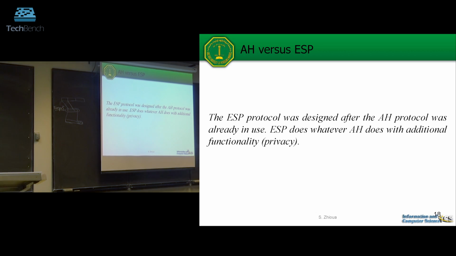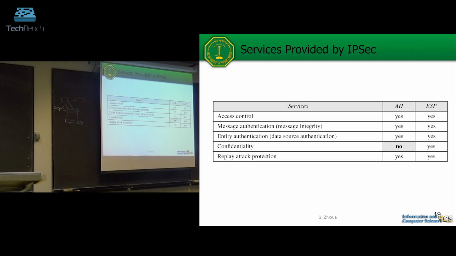Okay. So AH does not provide the privacy feature. It doesn't. Okay. So these are the services provided by IPsec using the two protocols. So we have access control. We will see how this access control is done in a couple of slides. Okay. Message authentication and integrity.